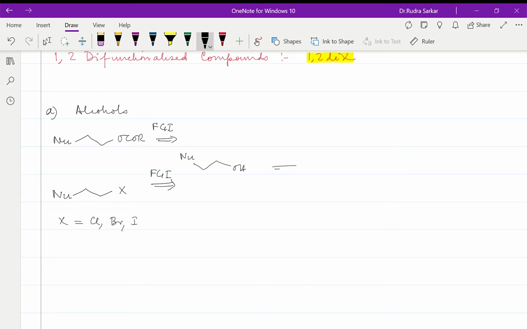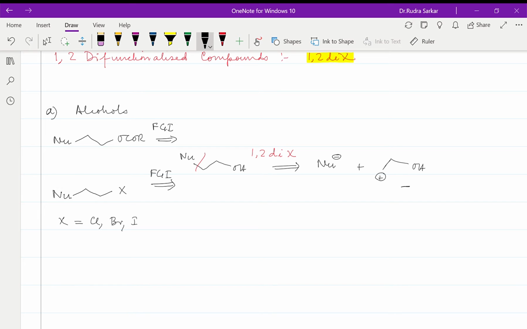Now, if you're considering this disconnection of 1,2 type for this alcohol, then this will mean that we have to break the bond out here, and it will give us the synthons Nu minus, along with that we will get a synthon of this type.